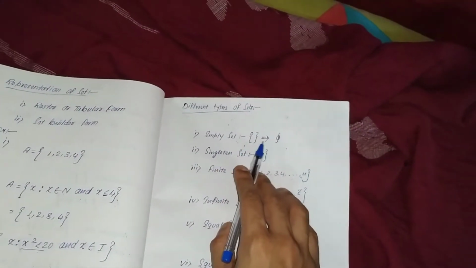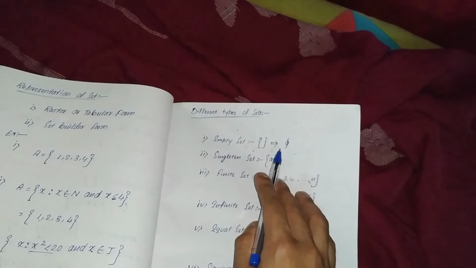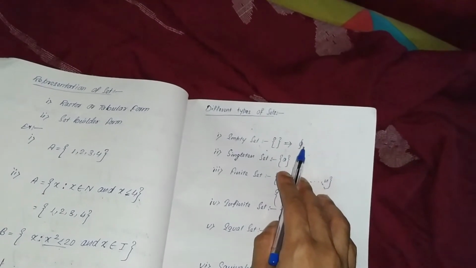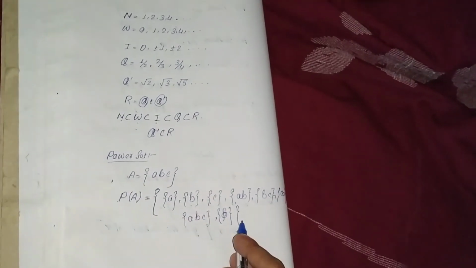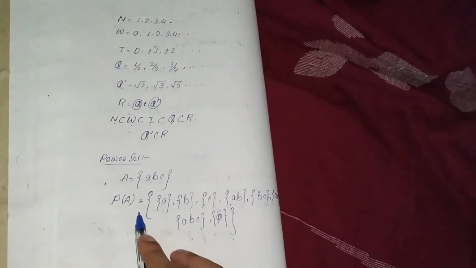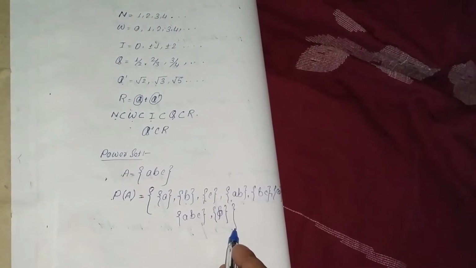And I already told you the empty set is one kind of set which is denoted by phi. So we can write phi also, because it's one kind of set, and close the big set notation.